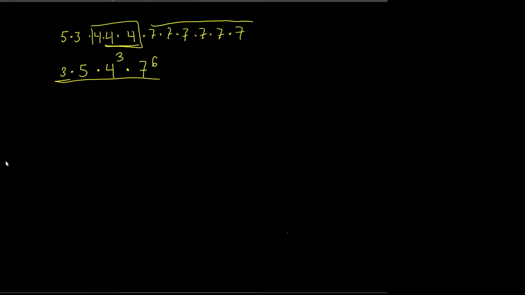Virtual calculator. And so the problem I had, let's look back at it again, was I have 3 times 5 times 4 cubed times 7 to the 6th power. So what I want to do here is go back to this, clear that out, and so I had 5 times 3.